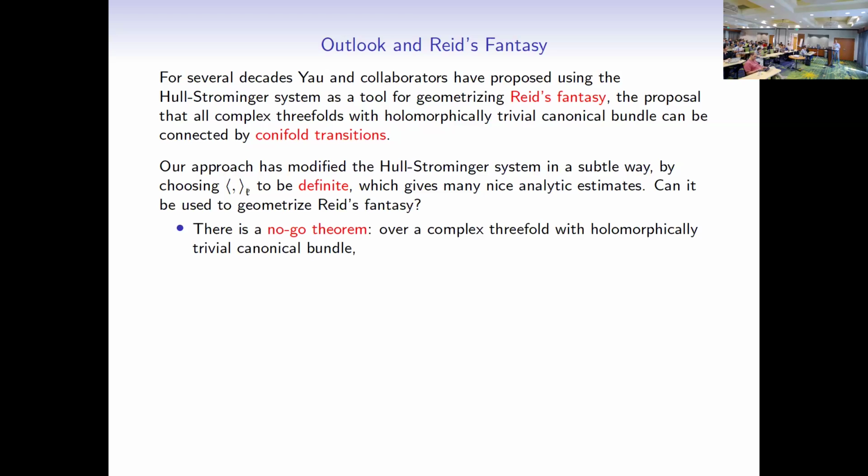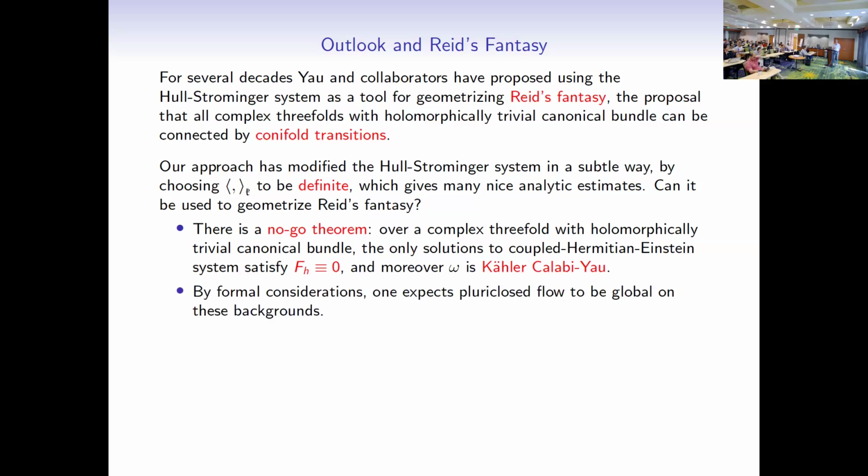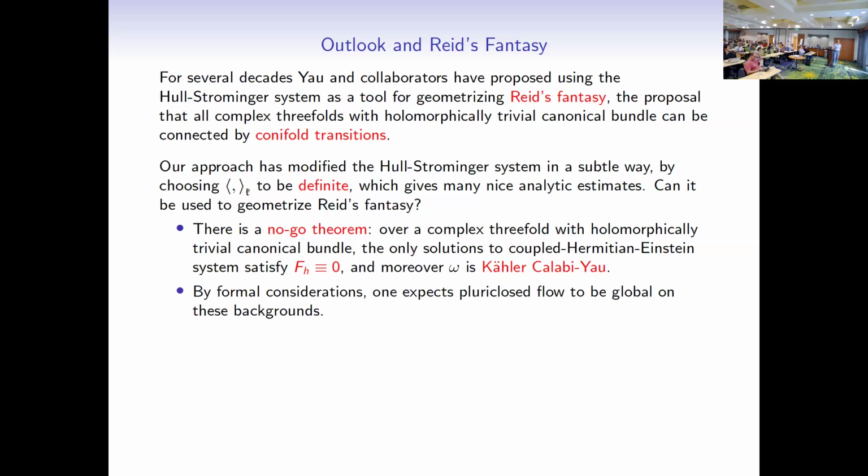You can prove a no-go theorem that says over a complex threefold with holomorphically trivial canonical bundle, the only solutions to this coupled Hermitian-Einstein system have a trivial Yang-Mills piece, and the base manifold has to be Kähler Calabi-Yau. So these are the only possible genuine solutions relevant to Reid's fantasy. This already tells you something more subtle has to happen for the flow on backgrounds other than these.